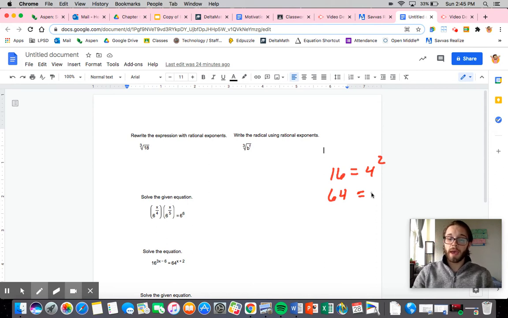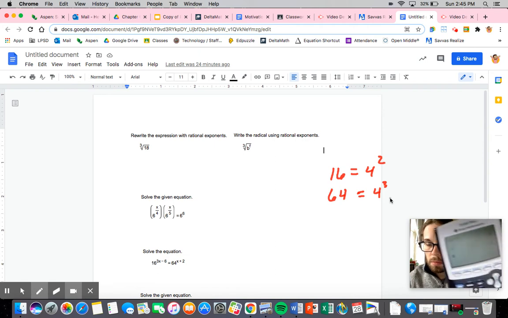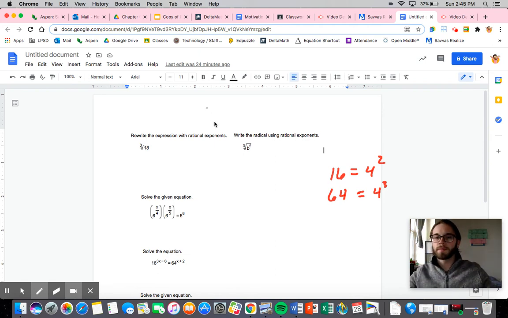If you look at 64 and you were to divide it by 4, you would get 16, right? So this would be the same as 4 to the third. And you can check that if you want to use a graphing calculator. 4 to the third, 64. Okay.